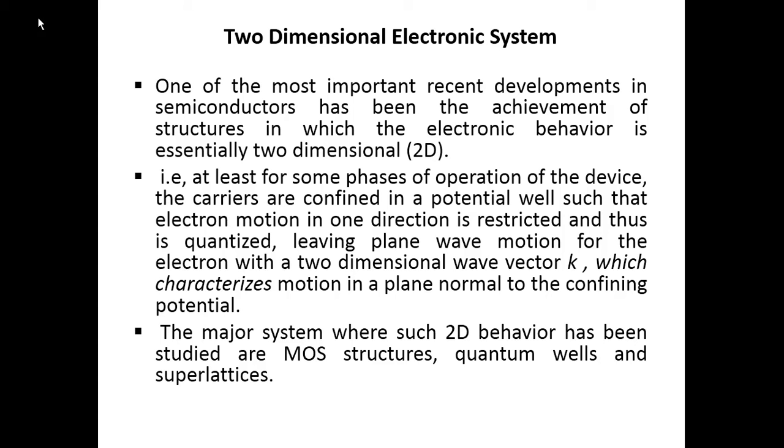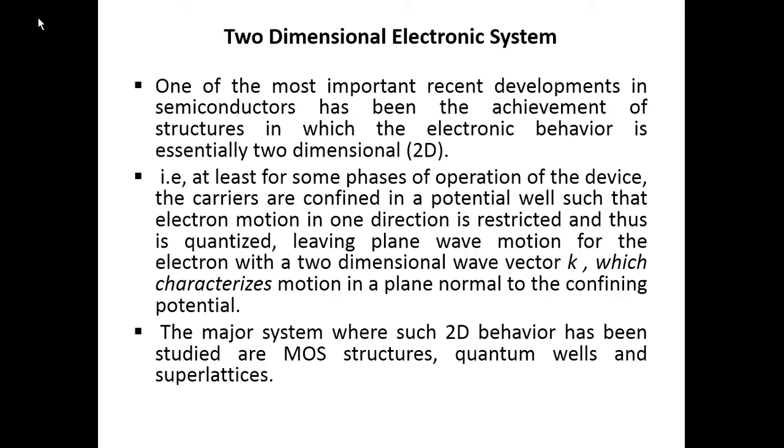Such electron motion restricted in one direction is the case in a quantum well, so it can be quantized. In that case, the electron wave motion will be a two-dimensional wave vector, isn't it? That we have seen. And that characterizes the motion in a plane normal to the confining potential.